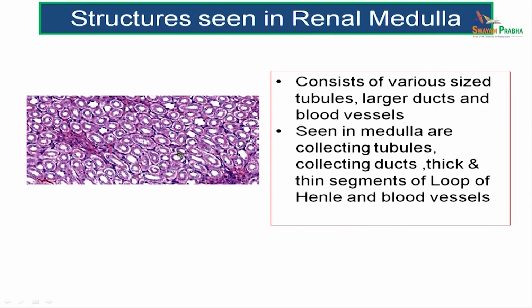The renal medulla consists of collecting tubules, collecting ducts, thick and thin segments of the loop of Henle and blood vessels. The histological structure of all these tubules, ducts and segments of the loop of Henle has been highlighted in the previous slides.